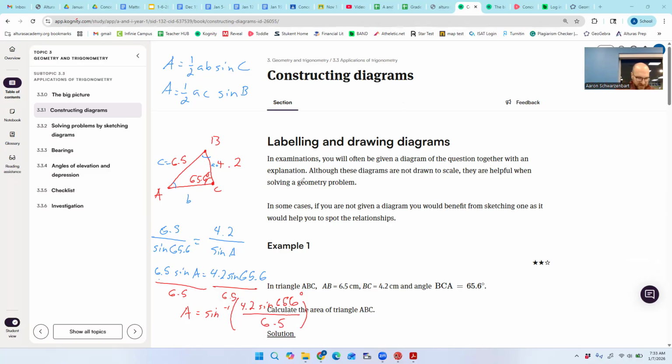And I grab my calculator. And I get A is 36 degrees. 36.0. So B, I'm just going to do 180 minus those two, and get 78.4.